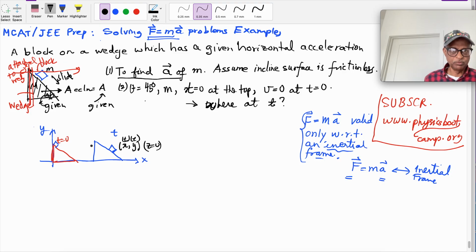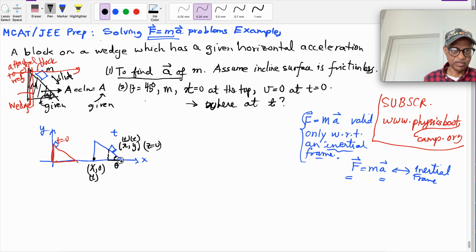Because this wedge is moving, I might say this point of the wedge has x, and this will be a function of time. Well, clearly this angle is constant, though.